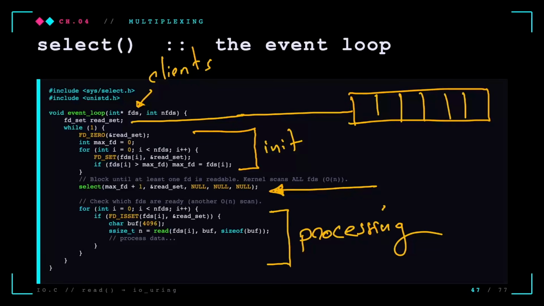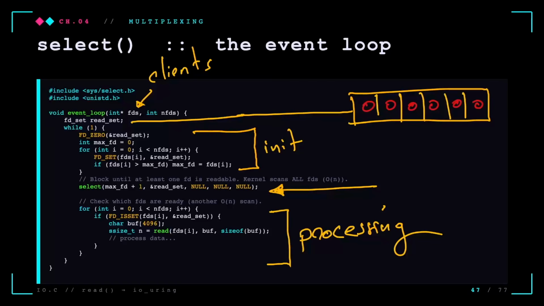All right, so how does this work? First, we have our read set, which we're going to initialize with zeros. Meaning at first we have to clear the bitmask, so there is nothing, no data ready. We initialize all the bits in the mask with 0.